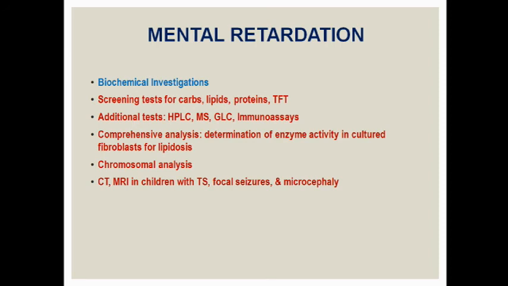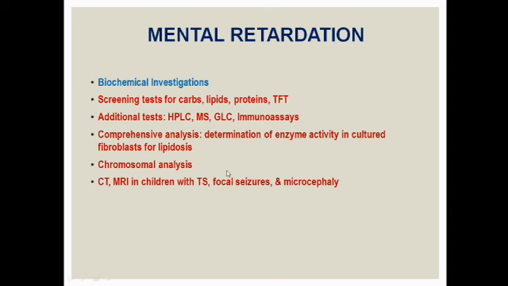So these are the things which give rise to the baby being prone to mental retardation because of the lack of these nutrients in the baby. And for a comprehensive analysis, suppose if you want to diagnose lipid storage disorders, we can determine it by measuring the enzymatic activity in the cultured fibroblast, and sometimes we can even perform chromosomal analysis, which we have already discussed in our genetics, and RFLP technology we have discussed, right?